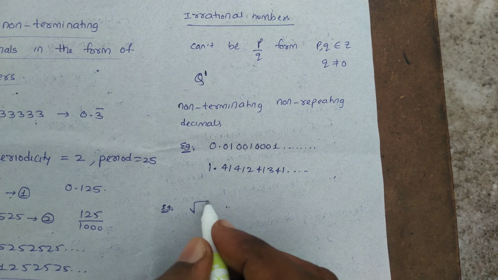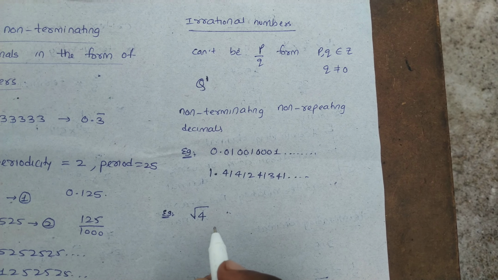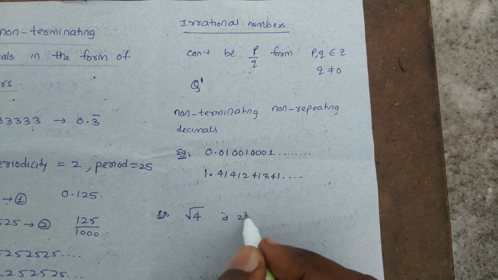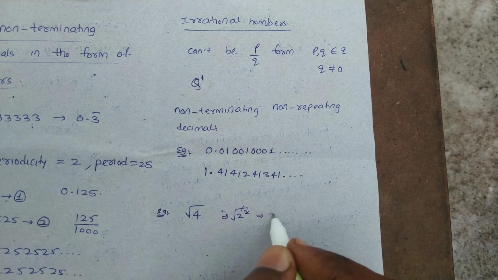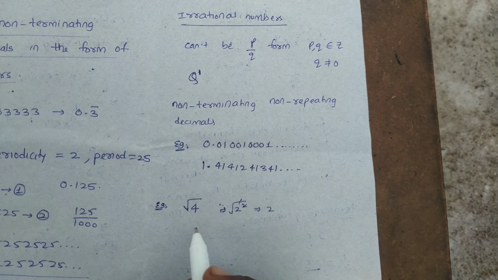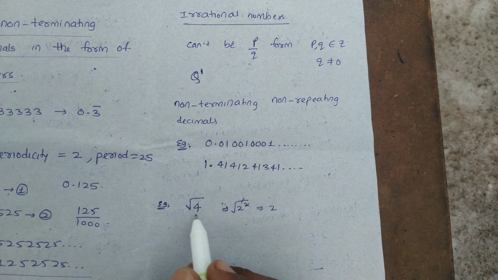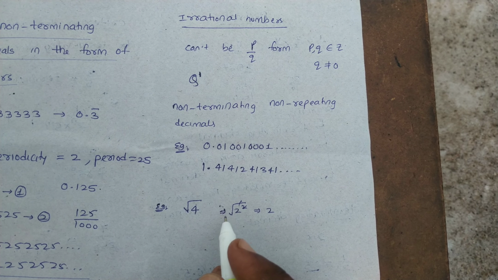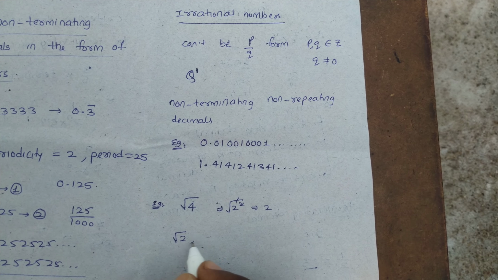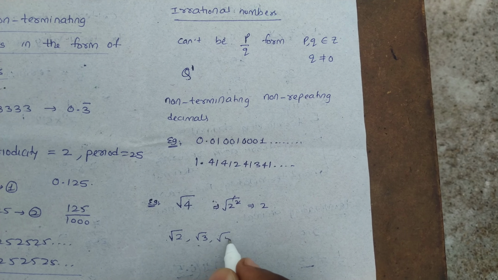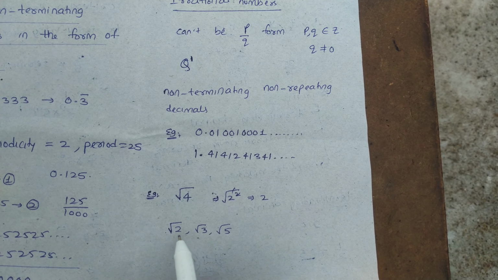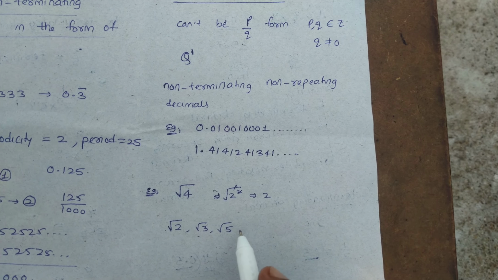And we have one more example. Take root of 4: whether it comes under rational or irrational number. Root of 4 we can write as root of 2 squared, you can cancel the square and root, and you get a rational number, an integer. So 4 is a perfect square. If you take any number like root 2, root 3 or root 5, we cannot do this, as these numbers don't have perfect squares.